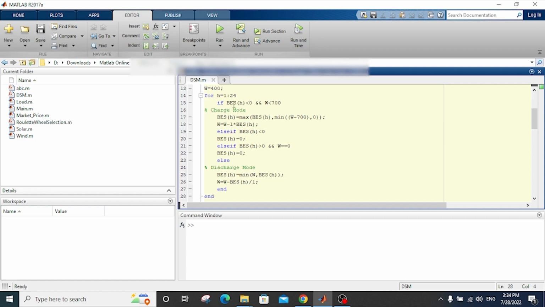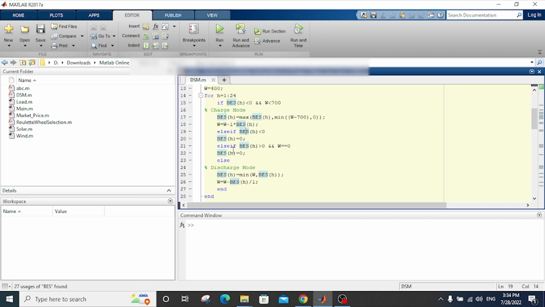The first case: if the battery storage is less than zero and the energy stored is less than 700, we are in charging mode. In the second case, the battery storage is less than 0 but the energy stored in the battery is more than 700, so we are in idle mode.